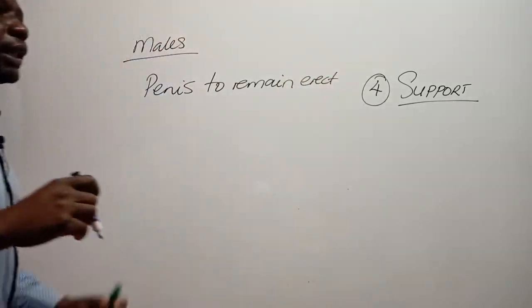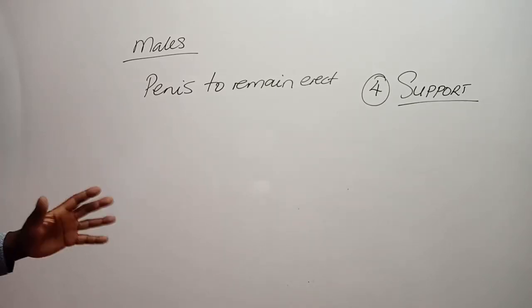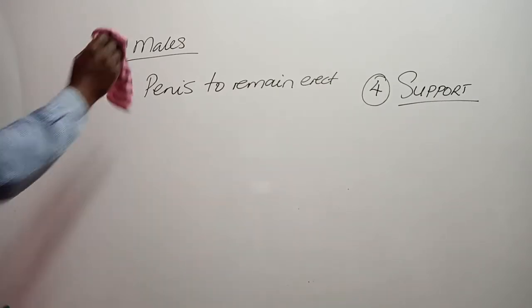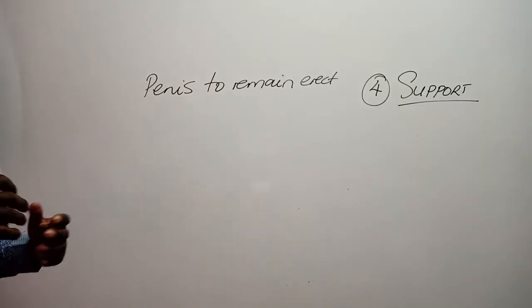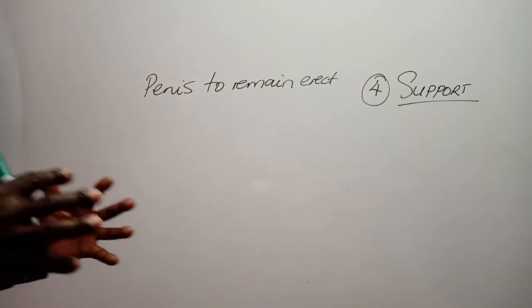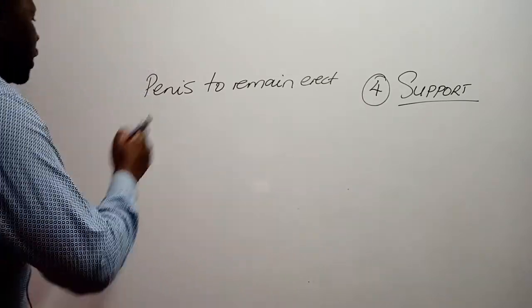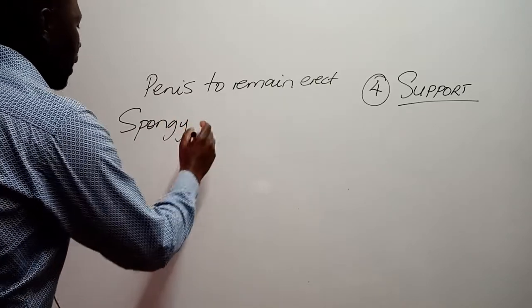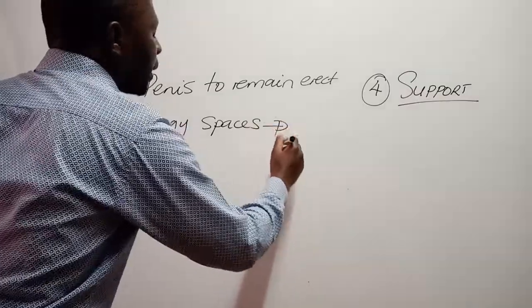So, inside the penis of a male, actually, let's forget about gender. So, inside the penis, there are spongy spaces. They are spongy spaces. And these spongy spaces are meant to be filled with blood.